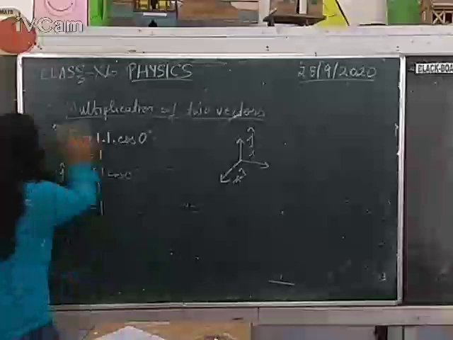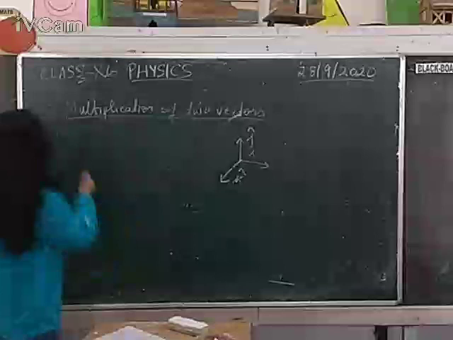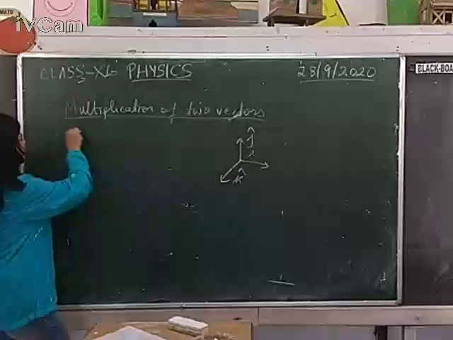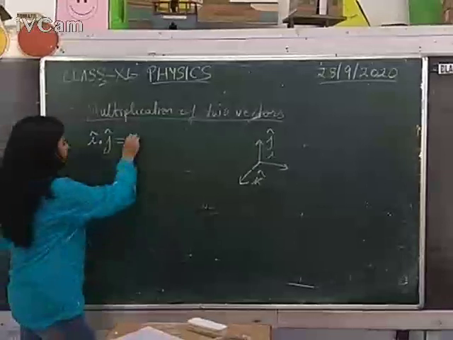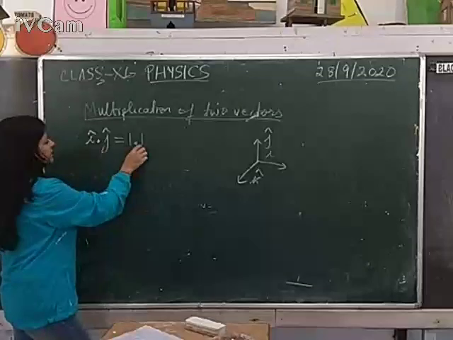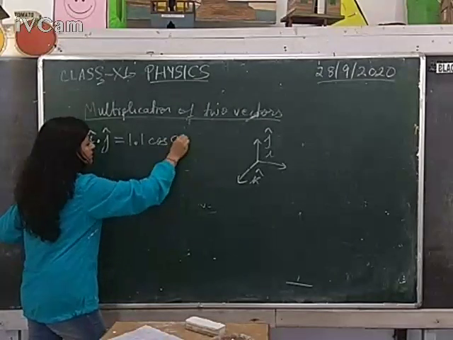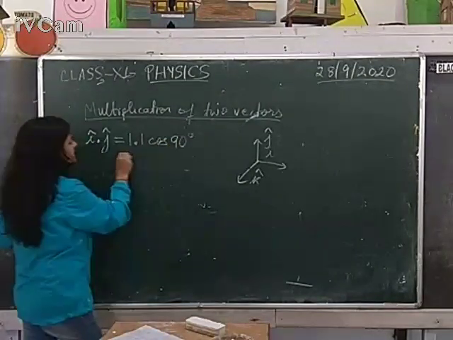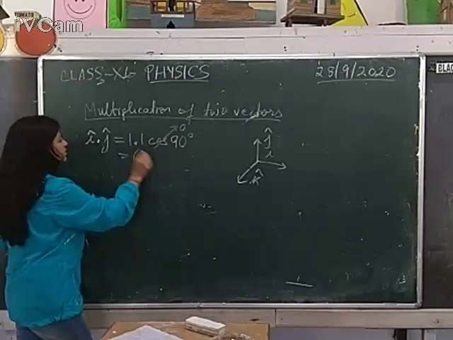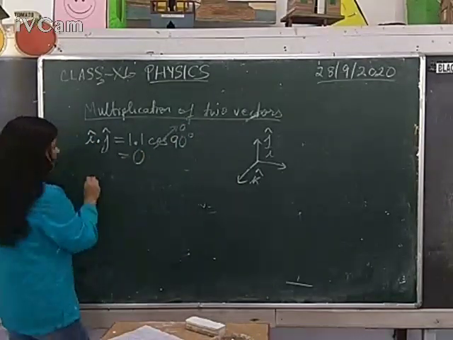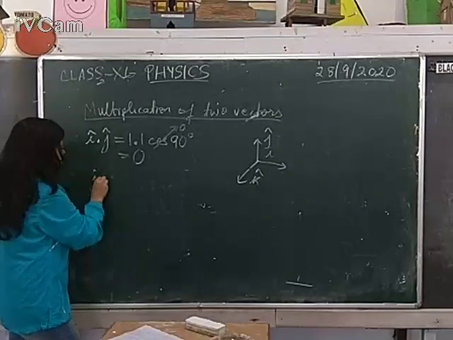Now let's see what will happen if we take two different components and multiply them using scalar multiplication, that is i dot j. Since they are mutually perpendicular, of course, it is the product of magnitudes into the cosine of the angle. Mutually perpendicular means the angle is equal to 90 degrees. Since cos 90 is equal to 0, 0 into anything is 0. So i dot j is equal to 0. Likewise, j dot k.